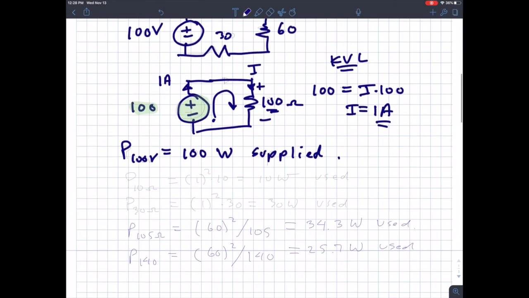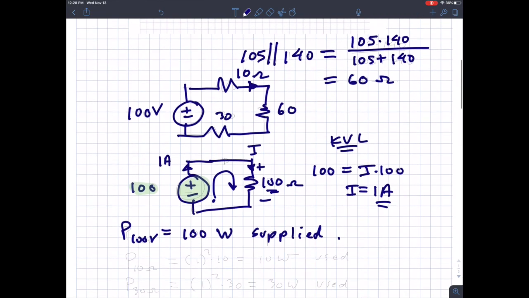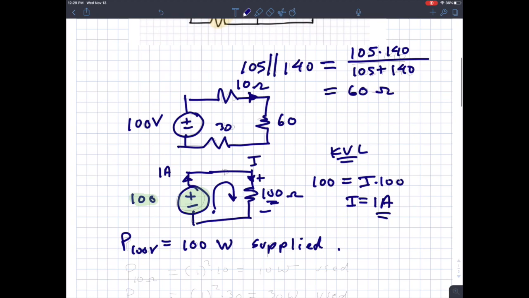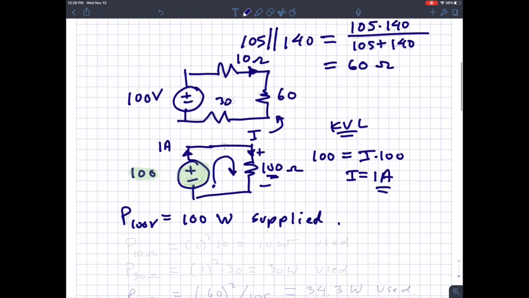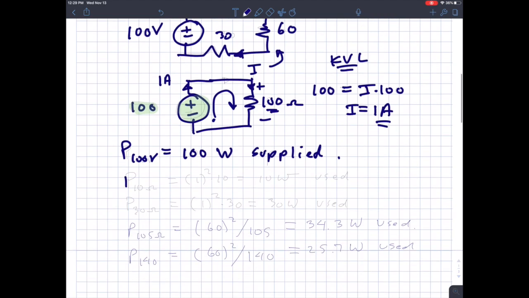Then I can move to the first equivalent circuit that we did. Now I know the current moving through the 10 ohm resistor and through the 30 ohm resistor. We know that's 1 amp, so I can calculate those powers from the equivalent circuit.